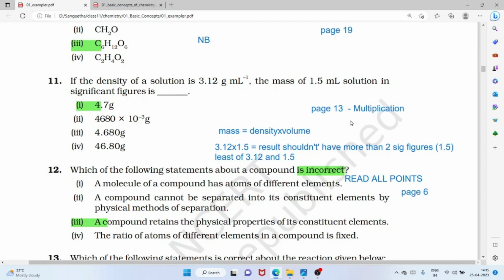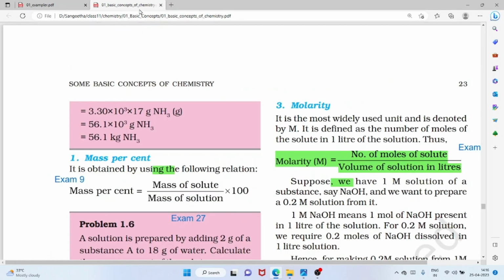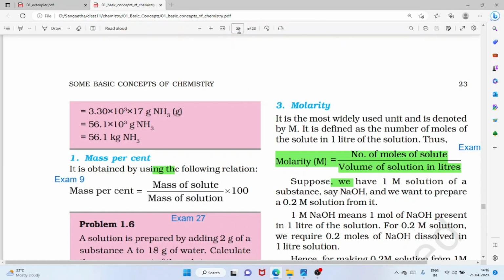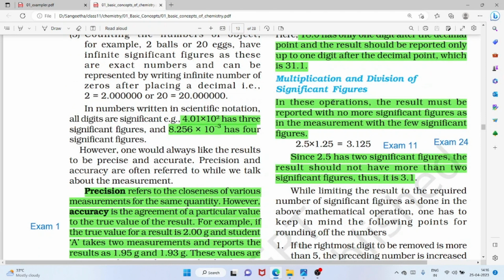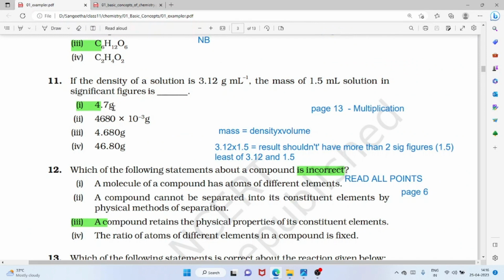Okay, and the multiplication rule is on page 13. They gave the rules for how many significant figures should be there when you multiply two numbers. You have to take the least, like that. So that is the result, which has two significant figures.